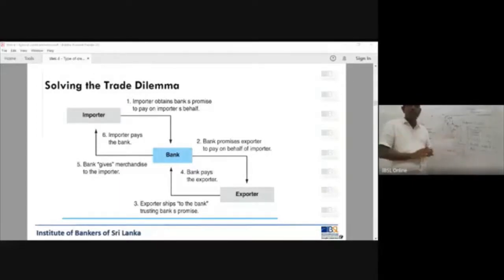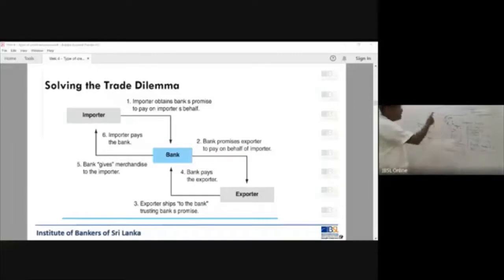Perfect documentation. They shipped it from there. There is a certificate saying quality A grade basmati. There is an invoice for 100,000 kilos. That's all. We are responsible. We, the bankers, deal on documents, not on goods. Right?